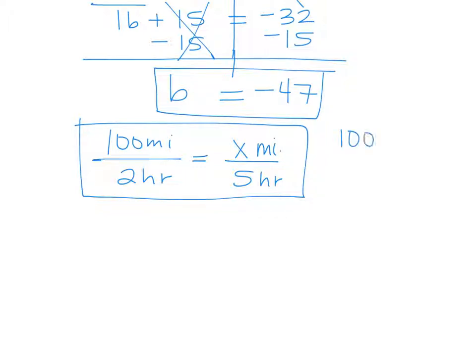This, 100 miles per 2 hours equals 5 hours for some number of miles, is not correct, because now your miles are canceling out, your hours are canceling out. That's not what we want to do, okay? You want miles per hour to equal miles per hour, okay? So when it's a proportion, that should be our setup.